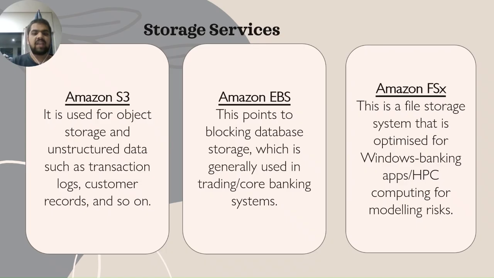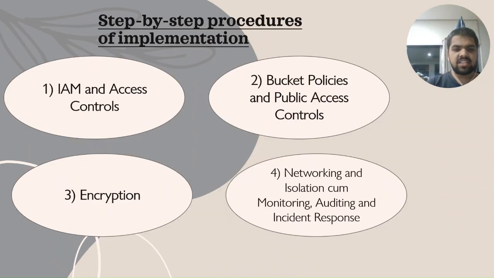And we move on to the implementation-based solutions, which is the core part of the topic here. Here are the step-by-step procedures of the implementation, which mainly involve four major steps. The first is IAM and access controls, which involve disabling ACLs, as they can cause unintended access.